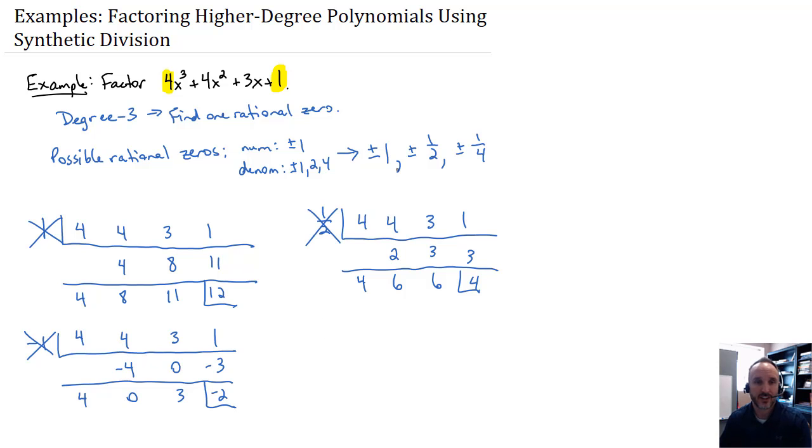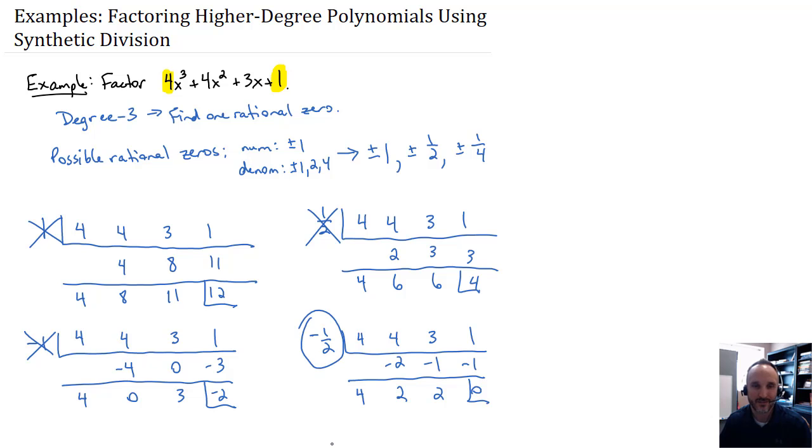So far we've tested 3 out of our 6 possible rational zeros. Let's test negative 1/2. 4, 4, 3, 1. Drop the 4 down, multiply, add, multiply, add, multiply, and add. And there we go.